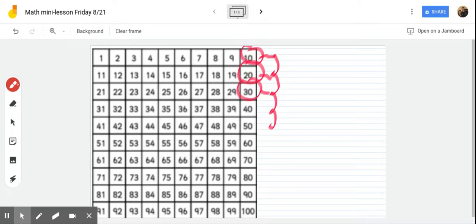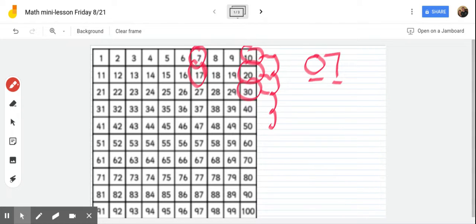If we're on, say, number 7, for example, and we simply add 10 to that, saying that you're adding one group of 10, you would simply go down one group and end up at 17. Notice that the number 7 has 0 tens and 7 ones.